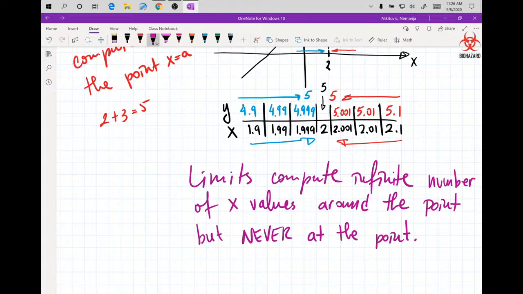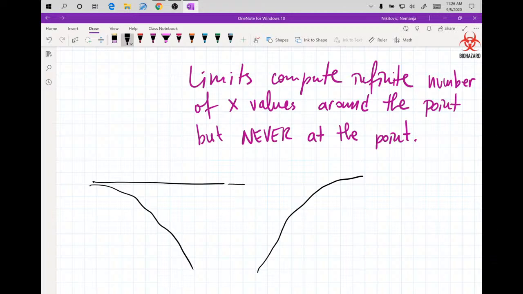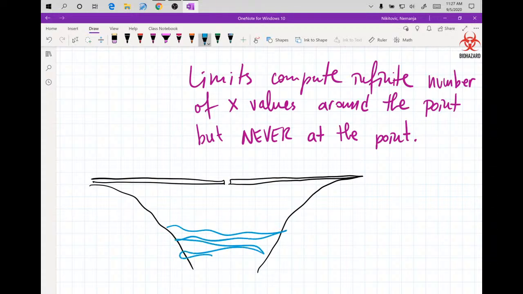I can give you an example in what you would call real life, because what we're doing here is a fake life. Think of a bridge that has a piece of it missing. So you have a bridge. Here's the river underneath, right?